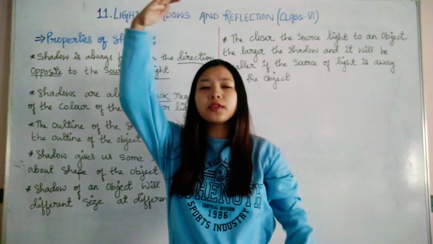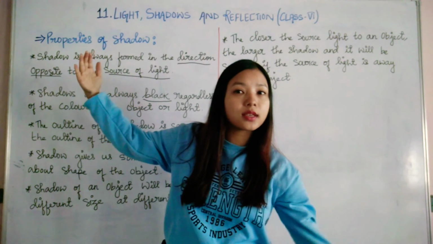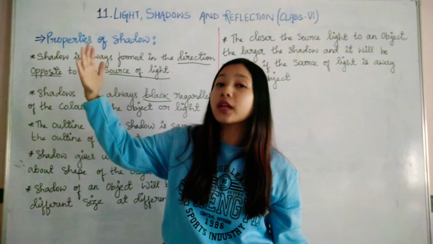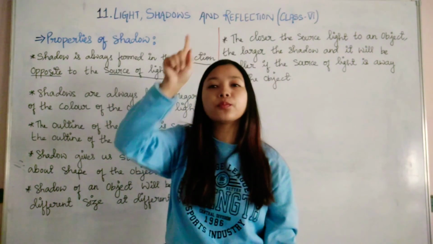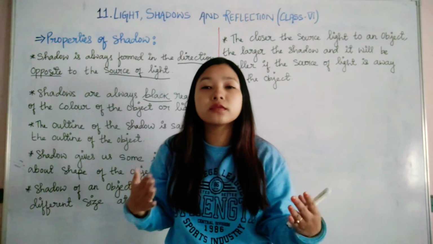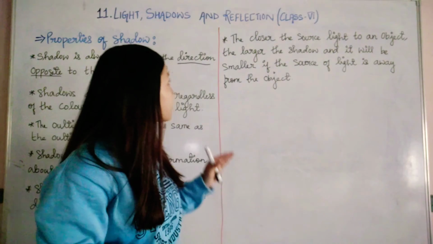Then as the sun slowly goes for setting, the shadow is always opposite from the direction of the sun or the light, right? The shadow will again elongate. So at different points of time, the length or size of the shadow may change. Got it? Let's see the next point.